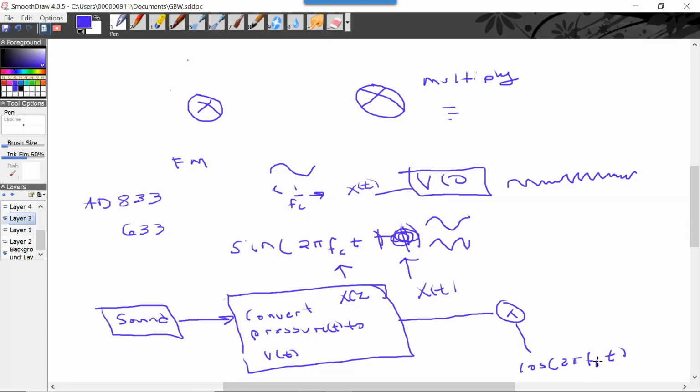This frequency is whatever the carrier frequency is of your radio station. You multiply these together, and you get this.